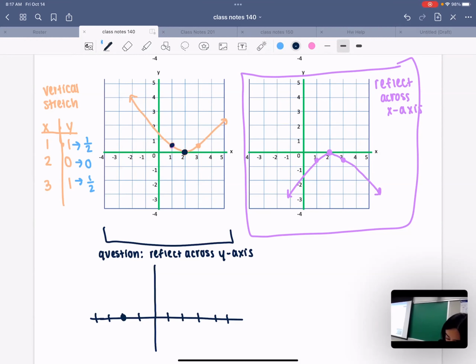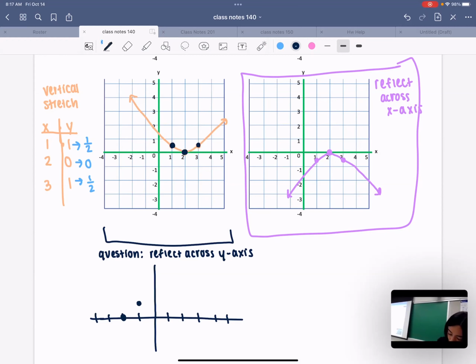Okay, 1 1/2 will also be reflected across the y-axis, which means the distance from the y-axis is going to be the same on the right-hand side and the left-hand side. So since it's only 1 block to the y-axis, it would be 1 block to the left of the y-axis. So 1 1/2 would go to negative 1 1/2.